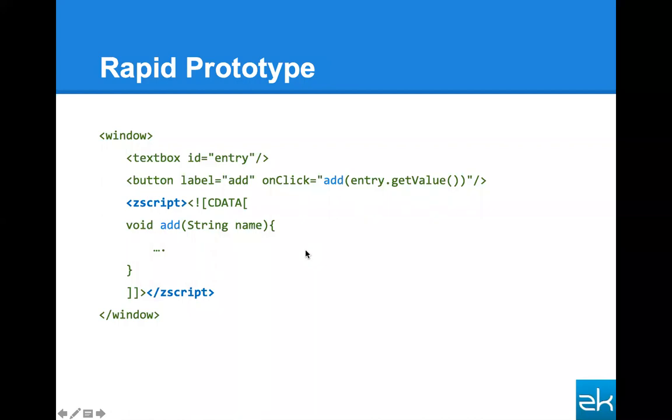And we allow you to write Java code inside ZUL. You can see this is the XML format. So this is how ZUL looks like. You can write Java code here, and you can easily add some simple logic at this page without creating a real Java class.